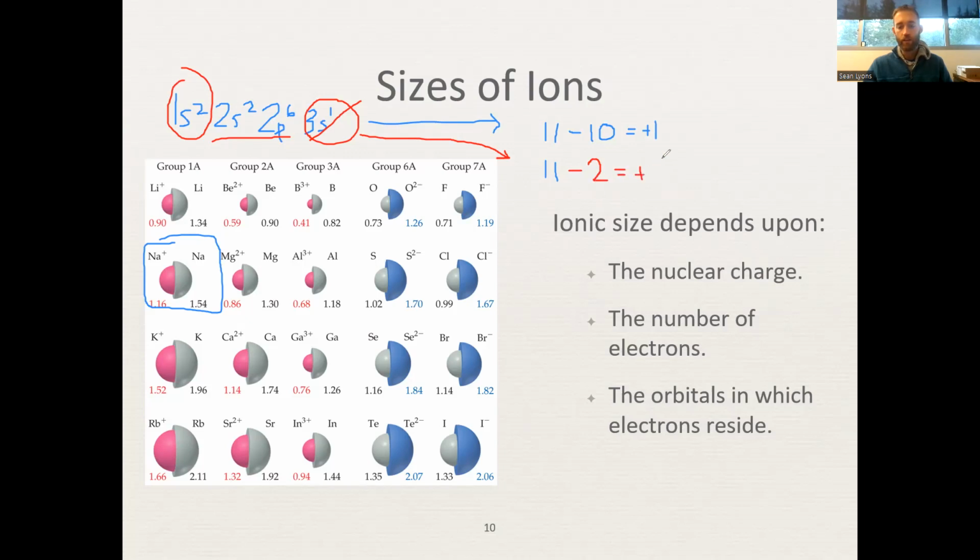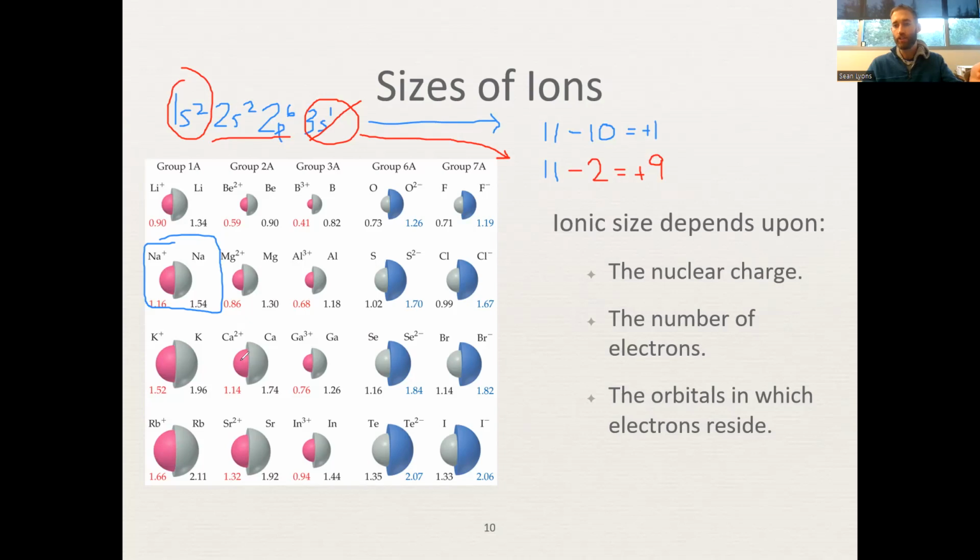So what we're going to see now is the effective nuclear charge has gone up a whole bunch. Now it's going to be +9. So now we've got a much greater effective nuclear charge, we're going to have a greater attraction between the nucleus and what are considered those valence electrons. And that's why we're going to see with the metals, when they're giving up those electrons, when they're becoming those positive ions, we're always going to see the ion shrink in comparison to the atom, because now we're getting rid of that original valence shell.